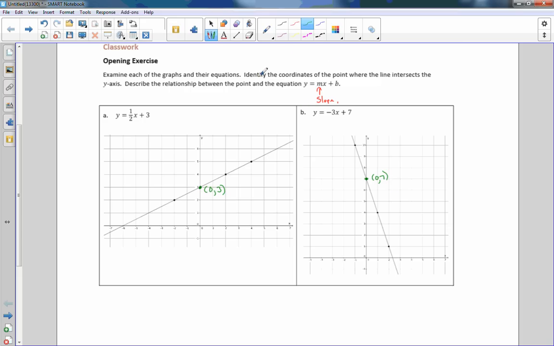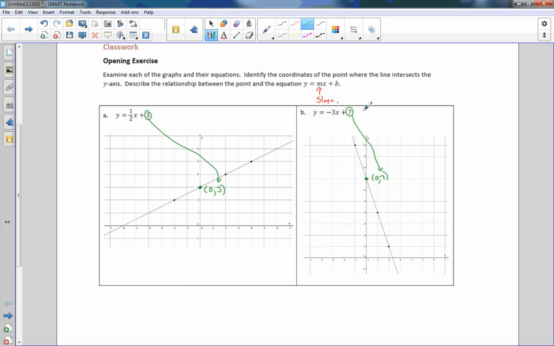Okay, so now I want you to focus on this 3 and look over here, and you see this 3 right here? Well, that is the y value in our point where the line crosses the y-axis. And then again over here, this constant here is 7. And if you look down here, the y value is that 7, and that is where it crosses the y-axis.